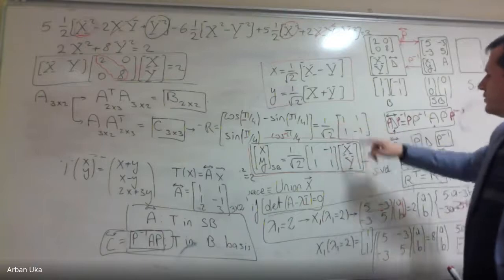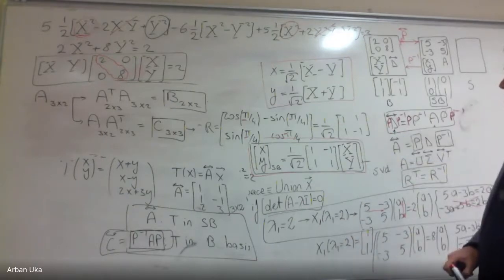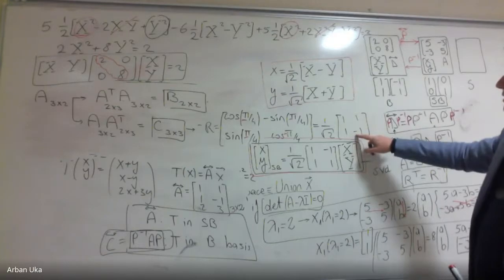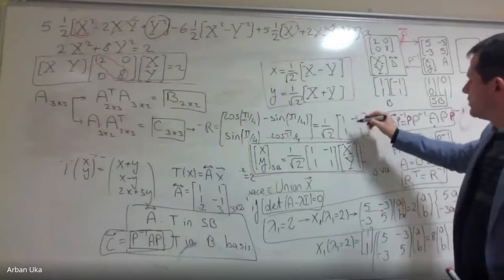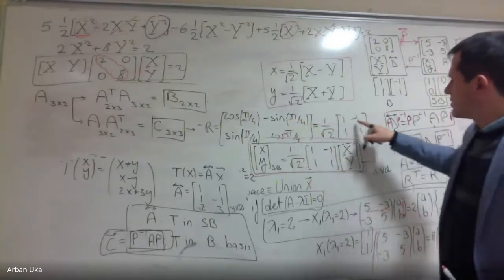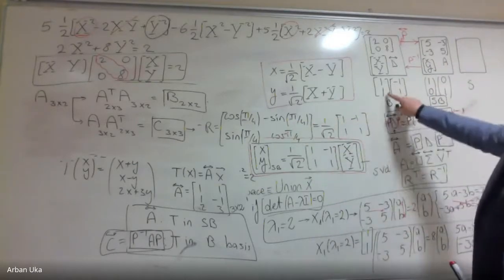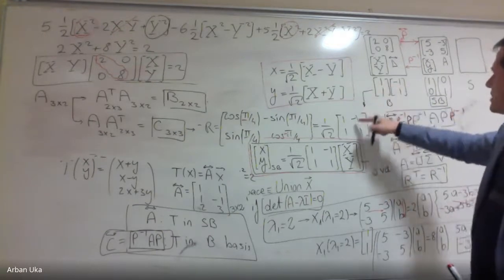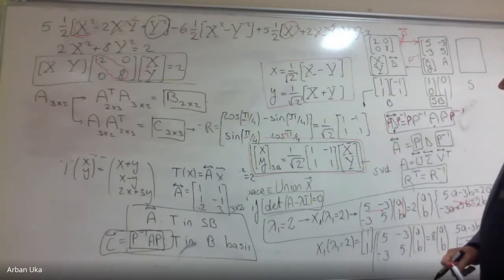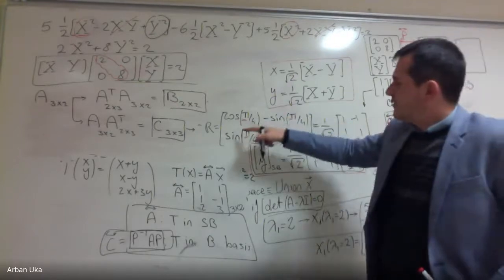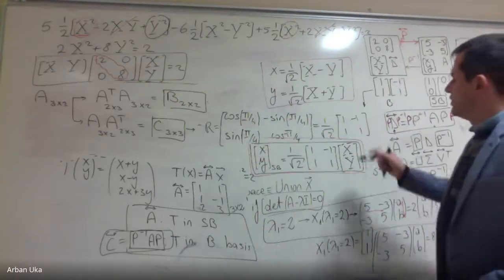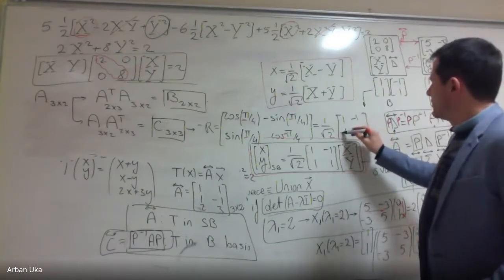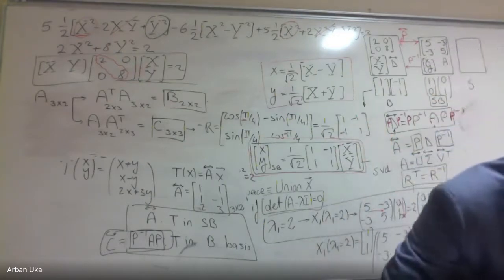Wait a second, is this wrong? This minus 1 is here, right? Because sine has a minus sign, so now this is correct. It was my mistake, but from here, if we bring these columns down, this is minus 1. And here, for the inverse rotation, this will become minus.